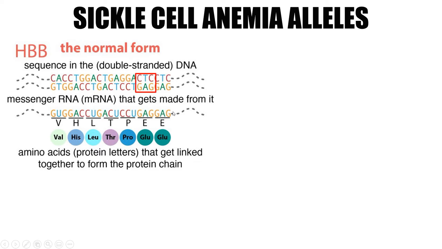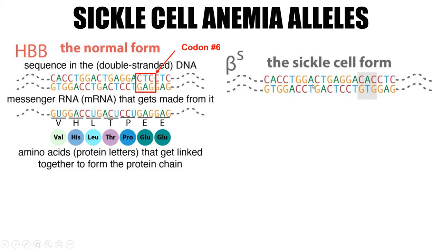And everything that we're going to focus on is actually happening in codon number 6. So in codon number 6, I have a sequence of GAG, CTC, that's changing to GAG in our mRNA, and that GAG will code for a glutamate. In the sickle cell form, we're only going to look at one allele. This is a big gene.